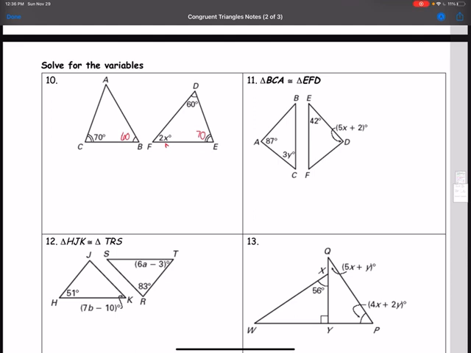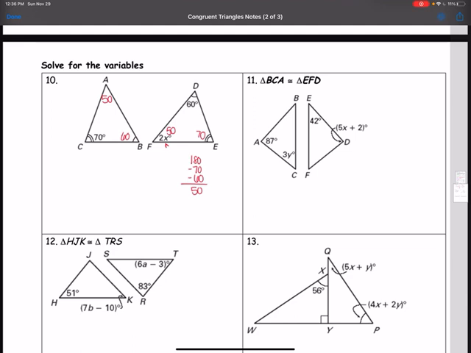Well, now I can easily use triangle sum to figure out what that third angle, that 2x, is supposed to be. So if I do 180 minus 70 minus 60, that's going to leave me with 50. So that means this angle here, 2x, is 50, and this angle here, A, is 50.